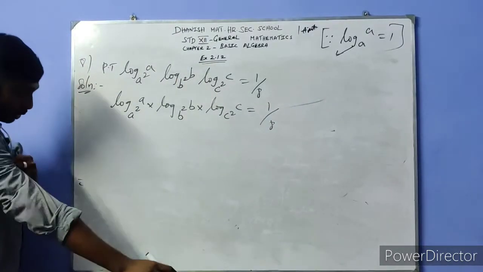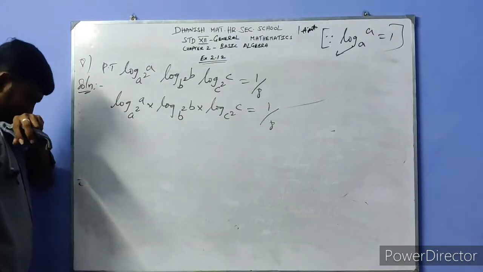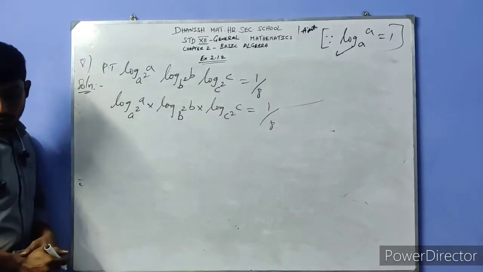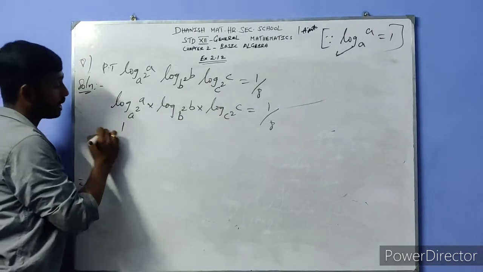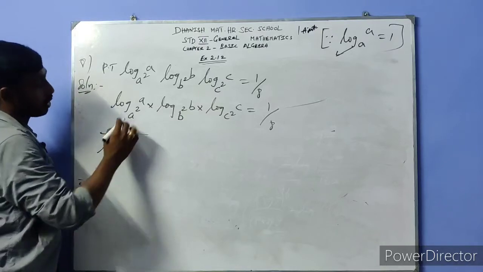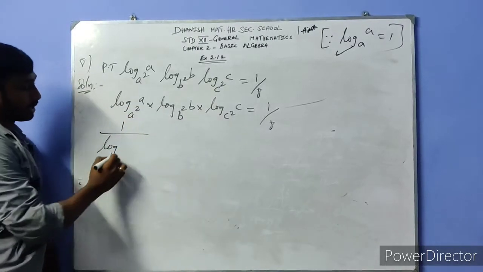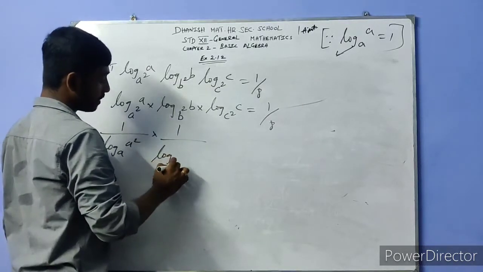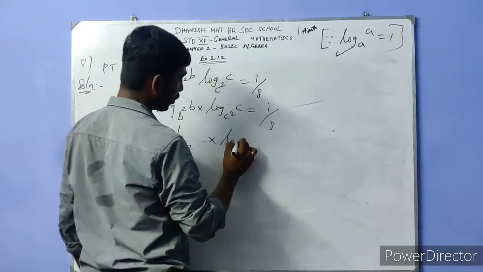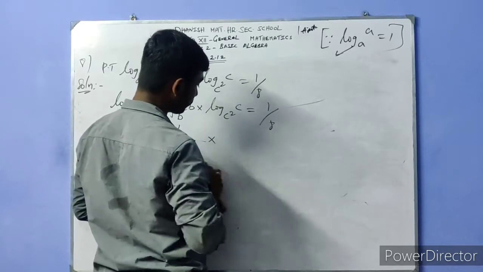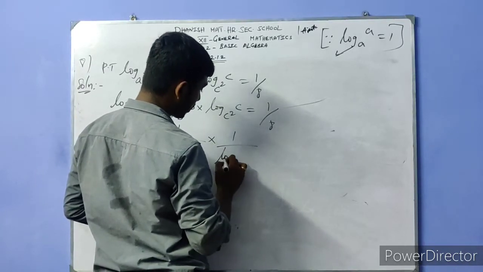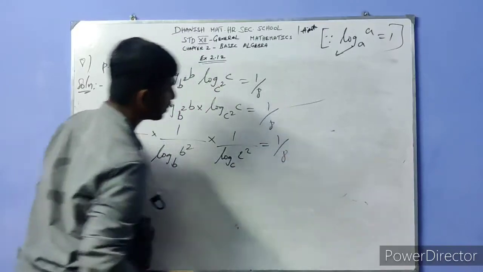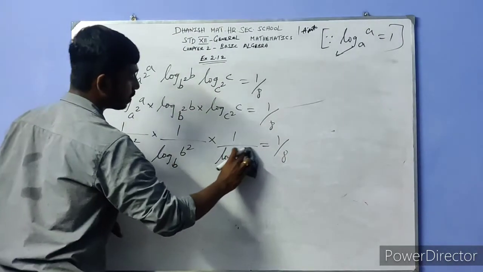Then now we are going to use the box tool method. How to use the box tool? The 1 divided by log this square will be reciprocated, 1 divided by log A power of A square into 1 divided by log B power of B square into 1 divided by log C power of C square equals 1 by 8.